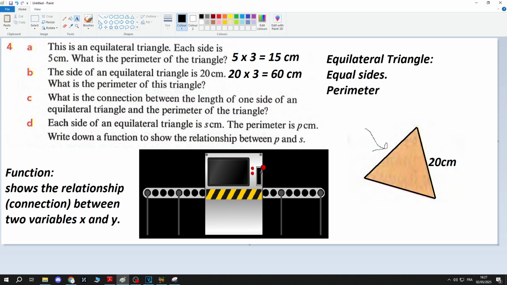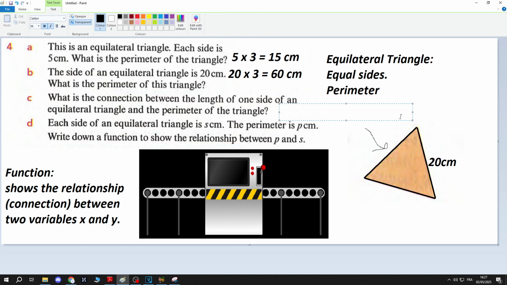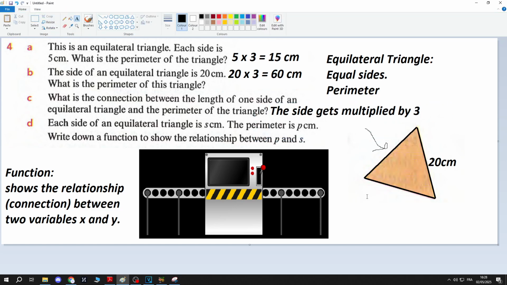So let's read C. What is the connection? Meaning, what is the relationship between the length of one side of an equilateral triangle and the perimeter of the triangle? Simply enough, the side gets multiplied by 3. Right? So this is the relationship between the side of the equilateral triangle and its perimeter. For us to find the perimeter of an equilateral triangle, we just multiply the side by 3.